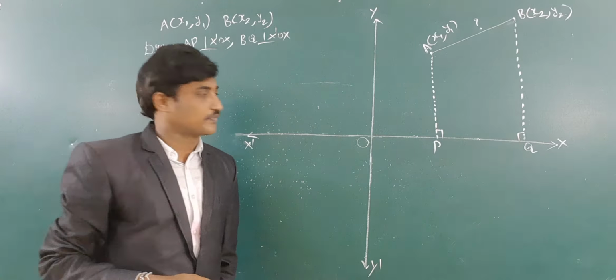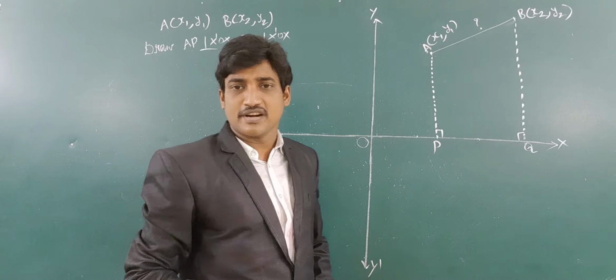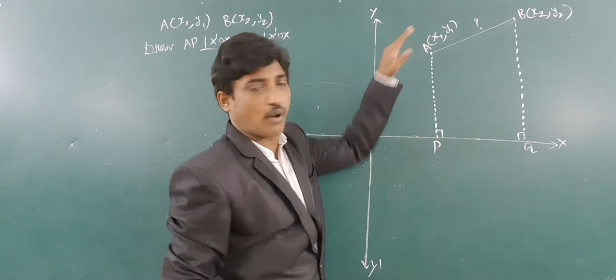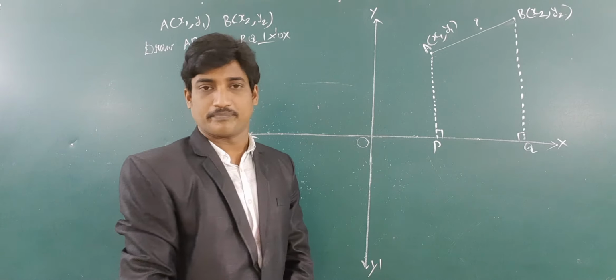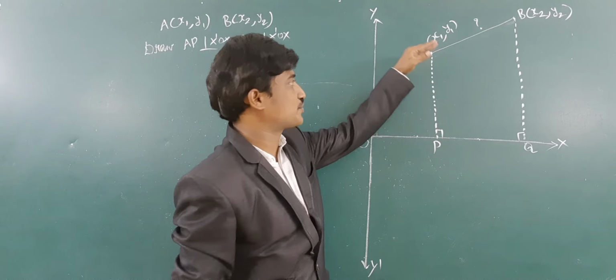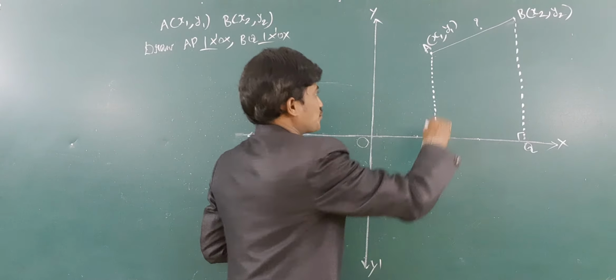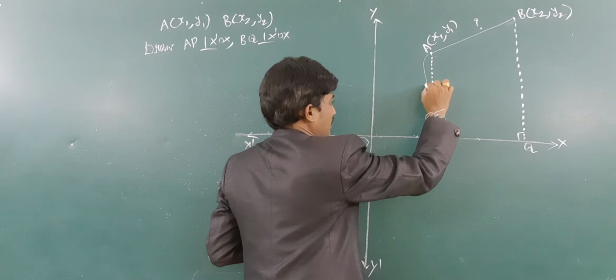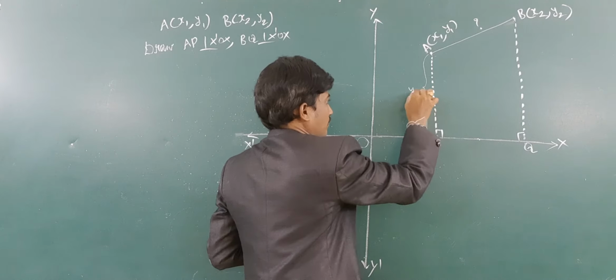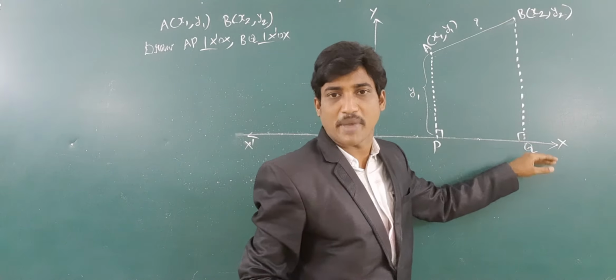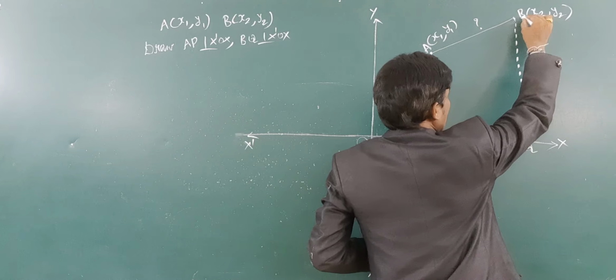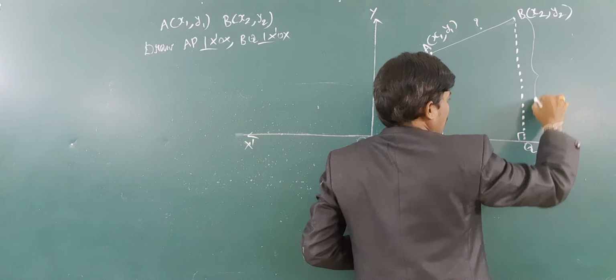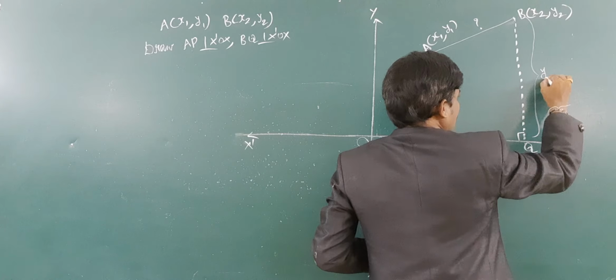Next, we know the perpendicular distance from the x-axis to a point is called the y-coordinate. So AP length is y1, and BQ length is y2 units.